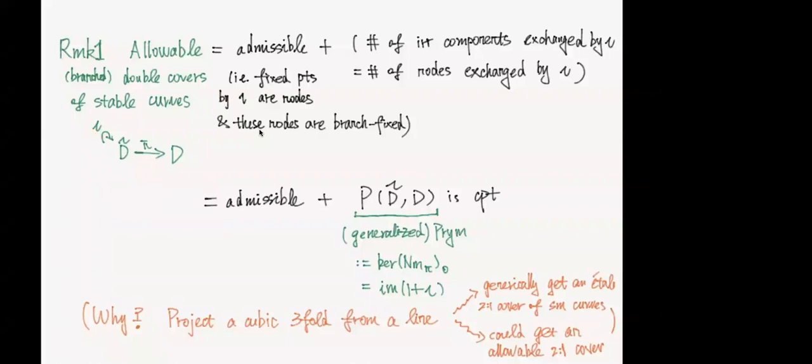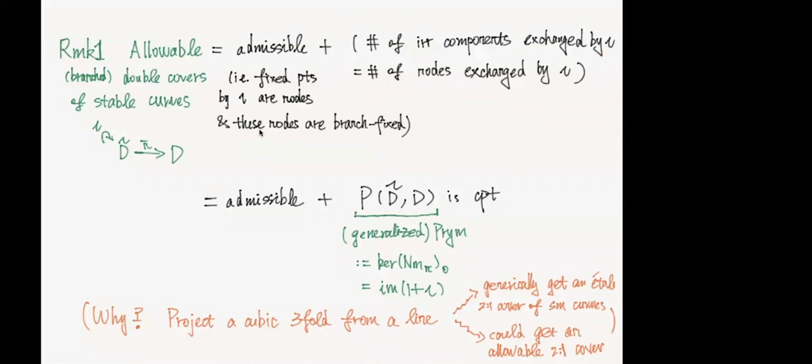Admissible means the fixed points of iota are nodes, and at every node the branches are fixed. But anyway, we can simply think of these as relatively nice degenerations of étale double covers. And the second condition is that the number of irreducible components exchanged by iota is the number of nodes exchanged by iota.